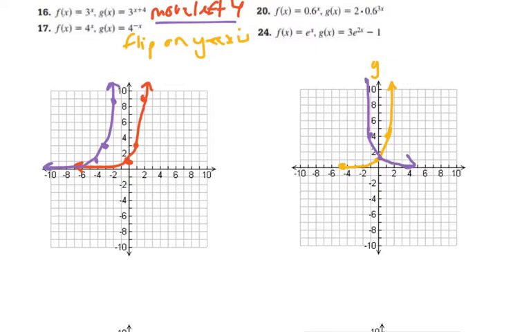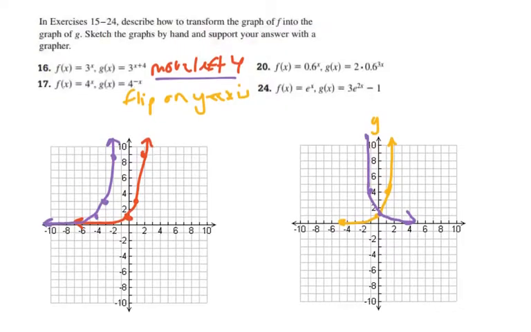The next one is going to be 0.6 to the x, and then 2 times 0.6 to the 3x. So two things are happening there. The 2 ends up stretching it vertically. And then also because it used to be at 0, 1 for your intercept, you now have 0, 2 as your intercept because of that 2.